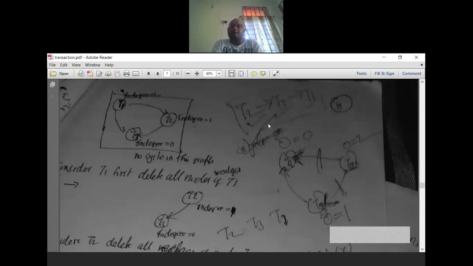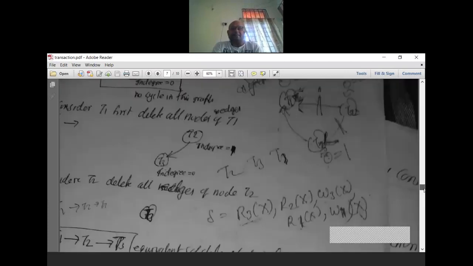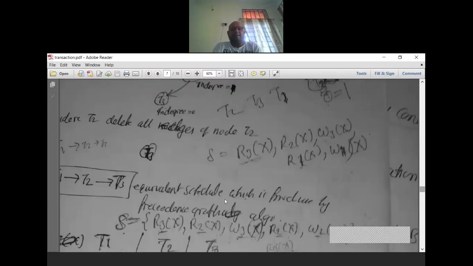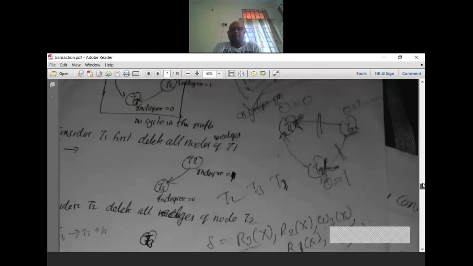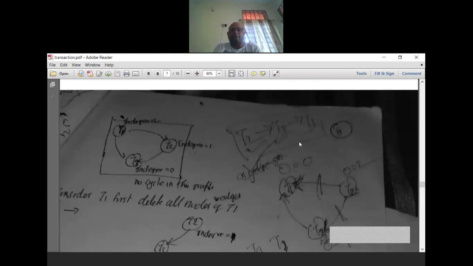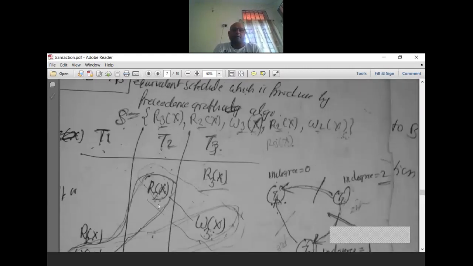It is T2, T3, and T1. That means the conflict serializable schedule of this schedule, which first of all was T1, T2, T3, is equivalent if I write in this order, T2, T3 and T1. Before, it was written T1, T2 and T3.